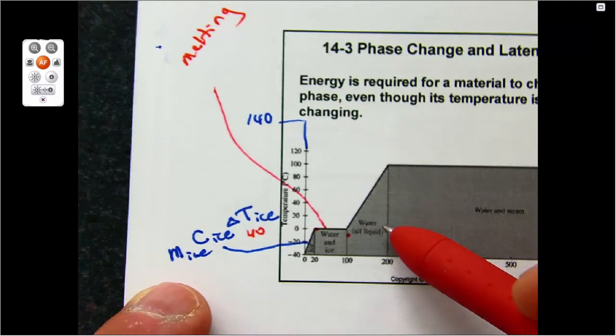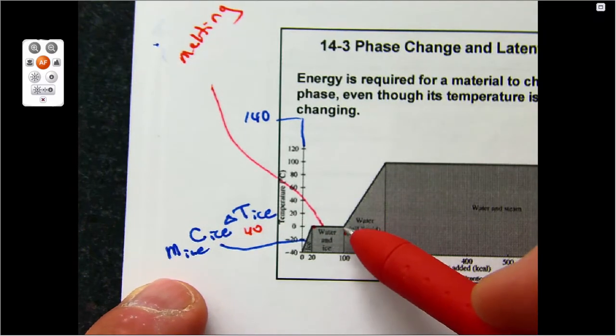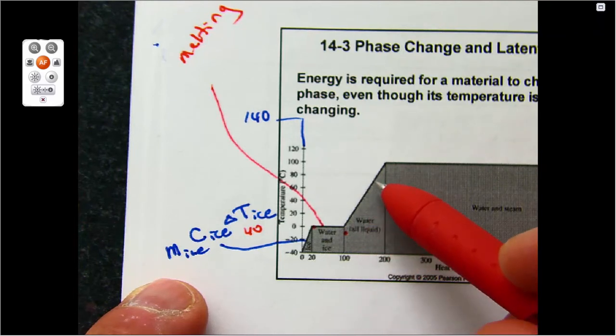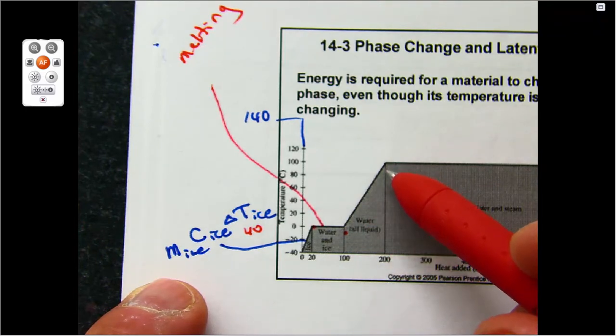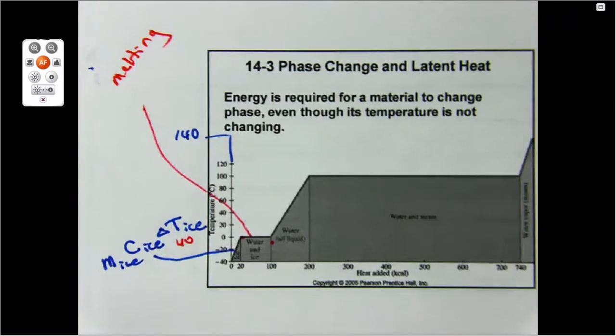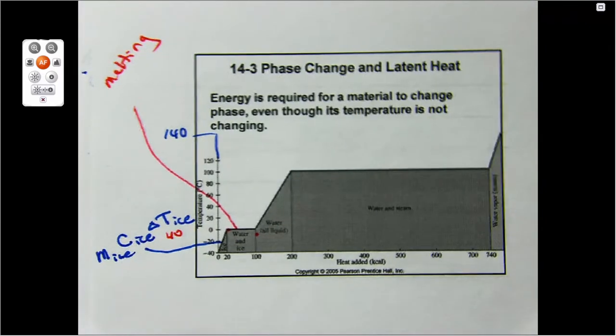And that's a good question. I should have followed this up. Then you're going to take liquid water from 0 to 100. Now look at this flat line. Check this out. This is significant.